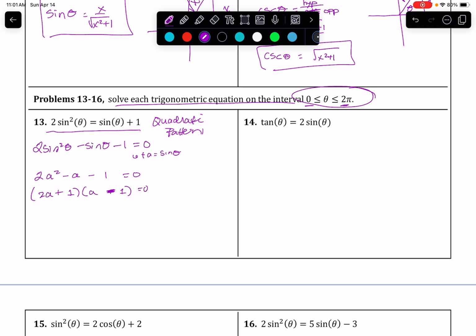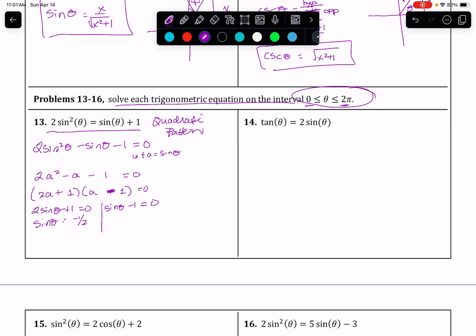And so put that back as 2 sine theta plus 1 equals 0, and sine theta minus 1 equals 0. So sine theta would be negative 1/2, and we're going to solve that.